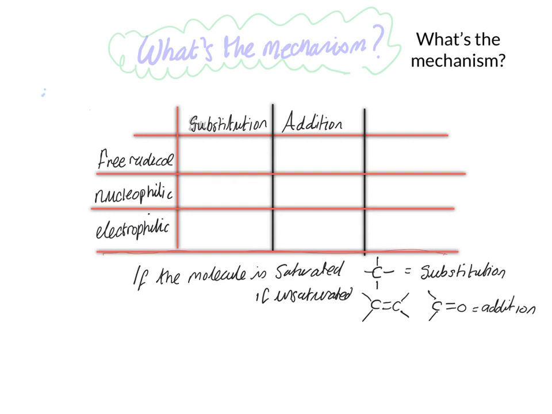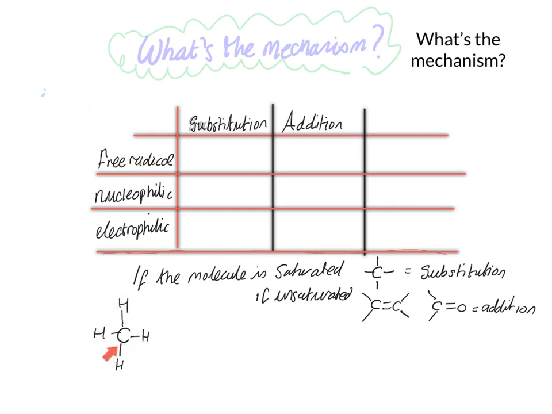To decide on the mechanism, first of all, look to see if your molecule is saturated or unsaturated. It's saturated if it's got 4 groups around the central carbon. It's unsaturated if there are only 3 groups around the carbon. Methane can only be attacked by free radicals because it's completely non-polar.